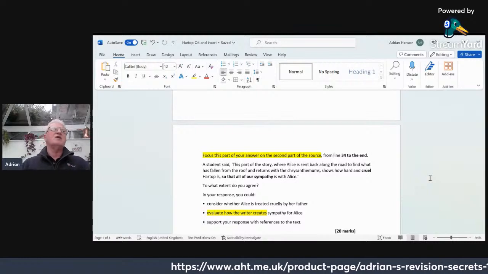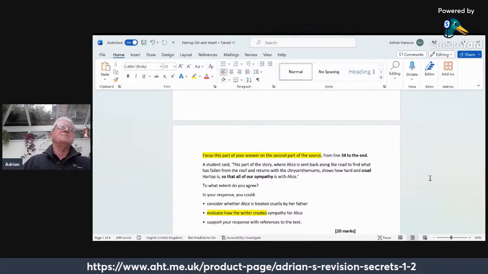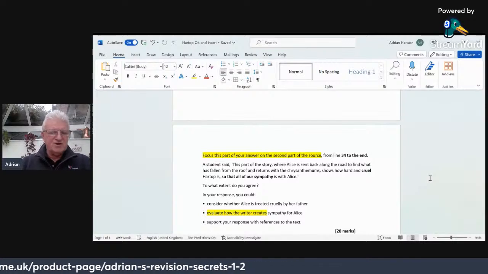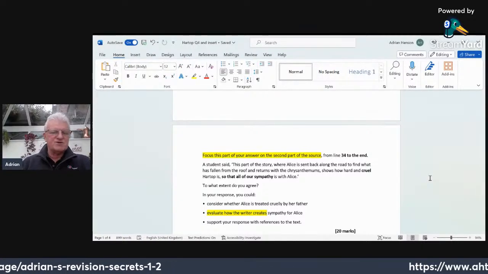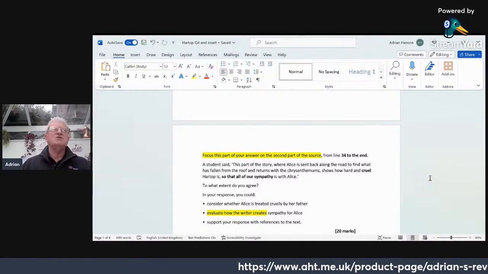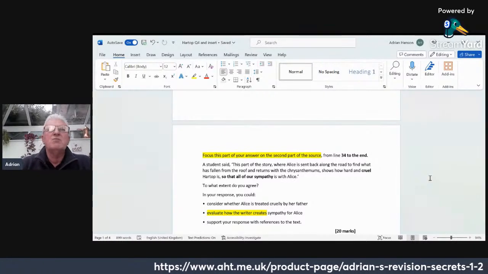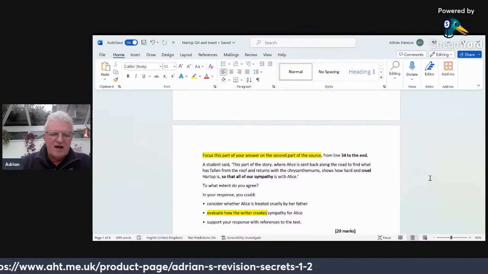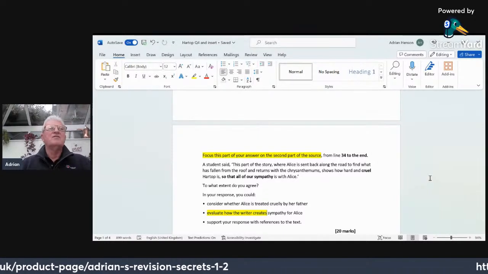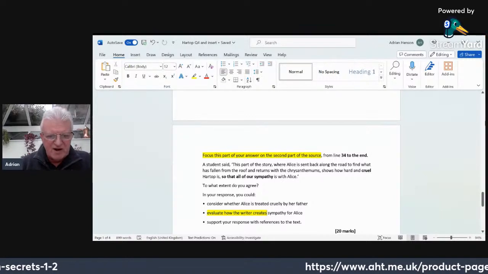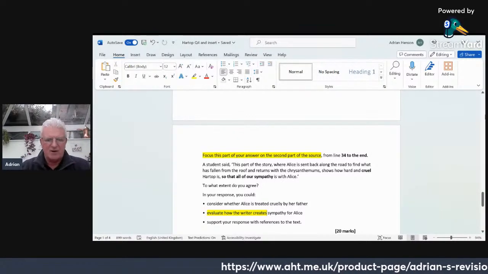Now, if I took that question and you were doing An Inspector Calls and I said, evaluate how the writer Priestley creates the character of Eric, obviously you'd say, well, I'd have to look at the language that's used. I'll have to look at how Eric fits into the whole frame of the story, what his input is, and what structural elements are involved, etc.